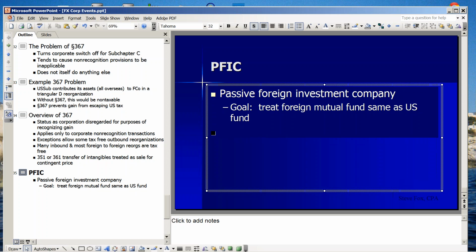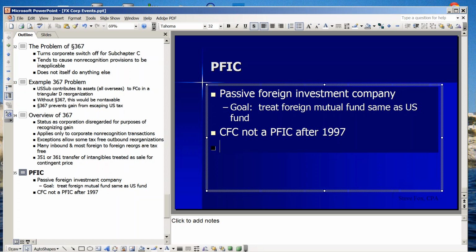Fortunately, Congress saw the error of their ways in 1997, it took them 11 years, and put an exception in that says a CFC is not a PFIC with respect to the U.S. shareholders. But only after 1997.